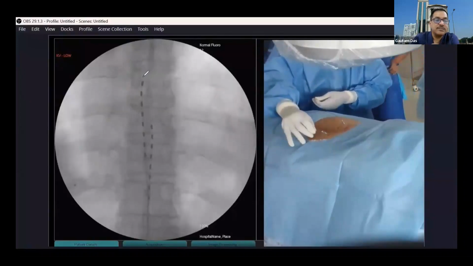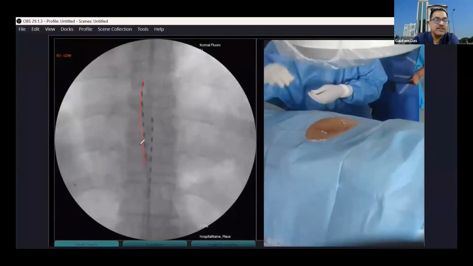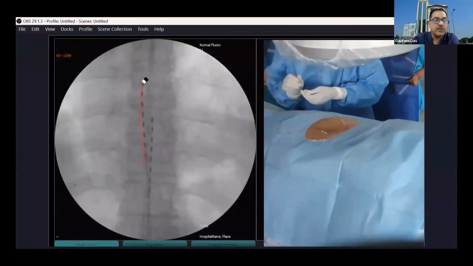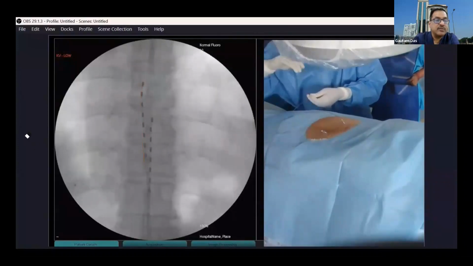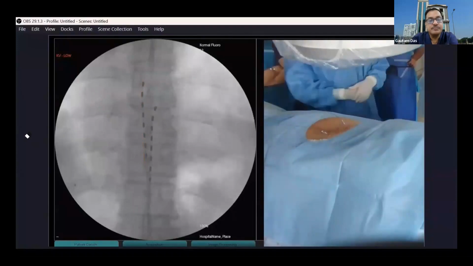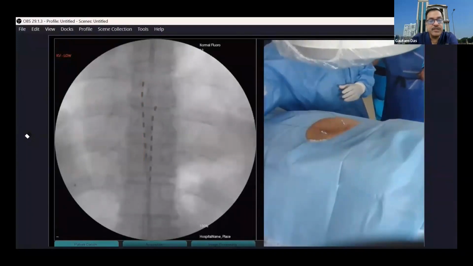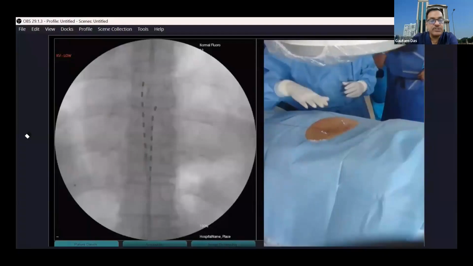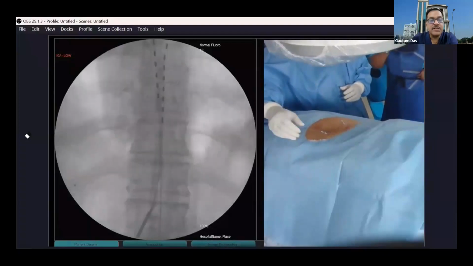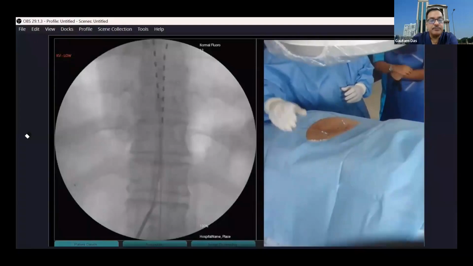This catheter on the left hand side is very nicely placed, and on the right hand side we also place it in a similar way, 1 segment below. So we are happy with this placement, 1 on the right hand side and 1 on the left hand side of the midline.